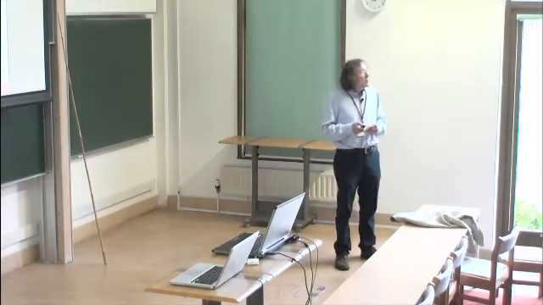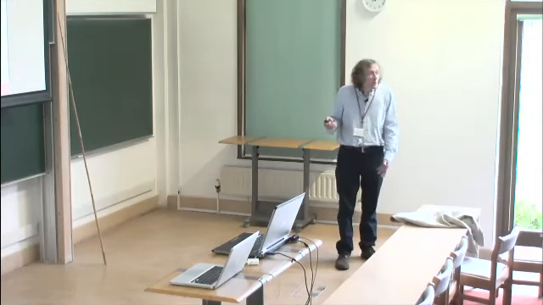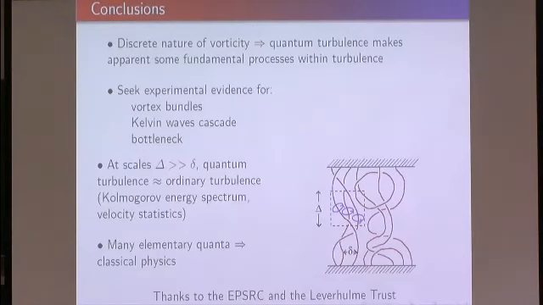We need to think of some ways of searching for these structures, if they exist, of course. The Kelvin wave cascade is only a theoretical idea, numerical idea. Again, there is no direct experimental evidence which we have. The reconnections, which is perhaps the ultimate quantity which is responsible for this phenomena, has been seen directly in the experiments, but not the Kelvin wave cascade.